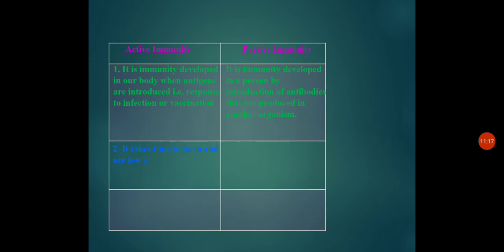Second one is, it takes time to form and antibodies are few in number in case of active immunity. Whereas in passive immunity, they are already prepared antibodies and they are many in number. Third difference is, it lasts longer, that is gives lifelong immunity. In case of active immunity, you need not depend on anyone.